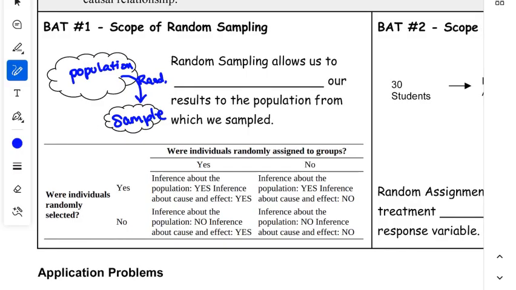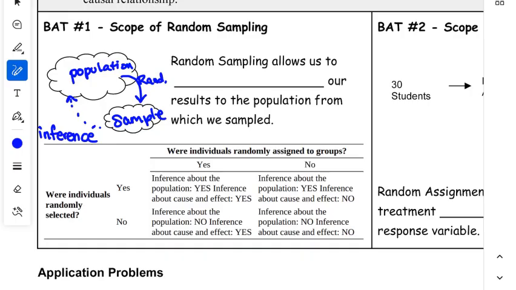When you get that sample, you're able to make an inference about the population. So if your population is only the senior class, you can only make it about the senior class. If it's about all the students at that school, you can make an inference about all the students in that school.